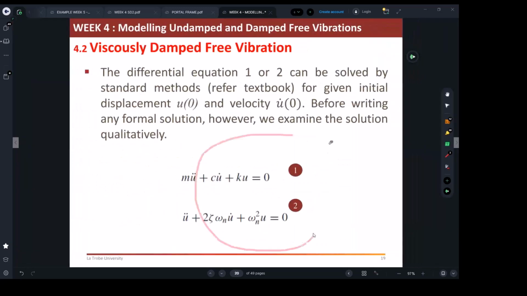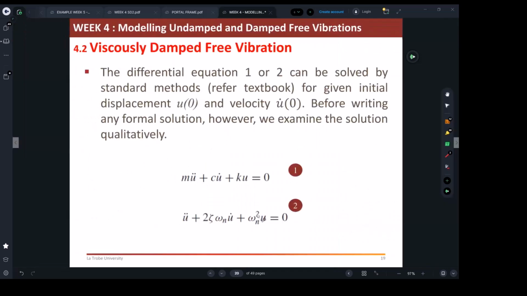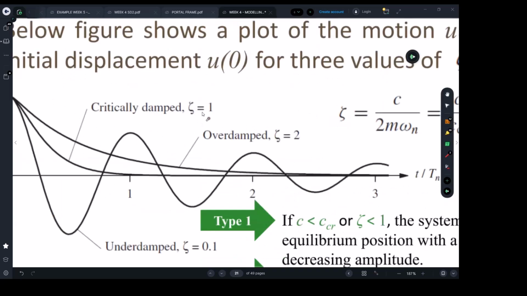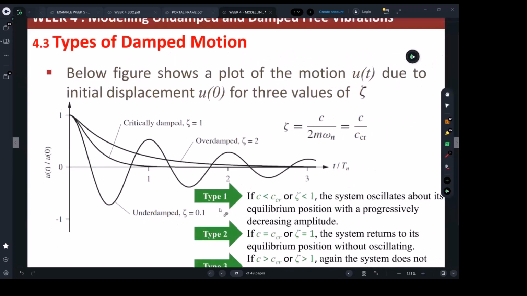Then what they found is that the solutions for this equation can have 3 options, depending on where the damping ratio sits. They have 3 types.